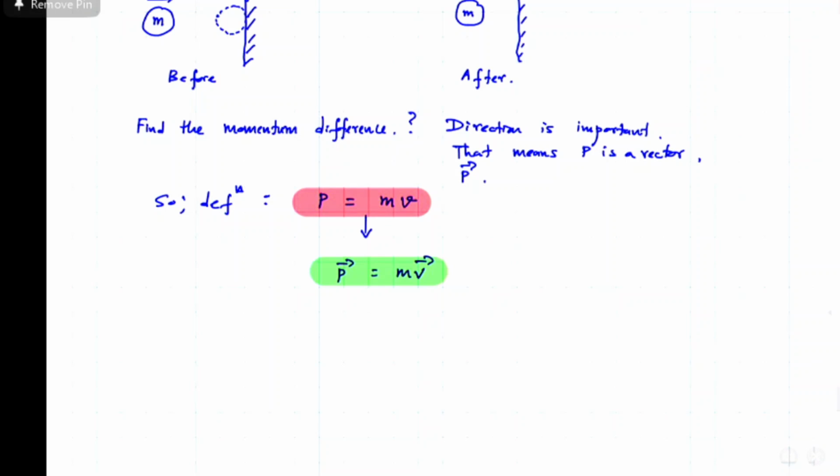You are playing with the scalar value. What do you mean by scalar value? Okay, this is for those two. Scalar value means the P vector magnitude is equal to m times the v vector magnitude. This is not for physics students, the other two. So this is nothing but P and mv.